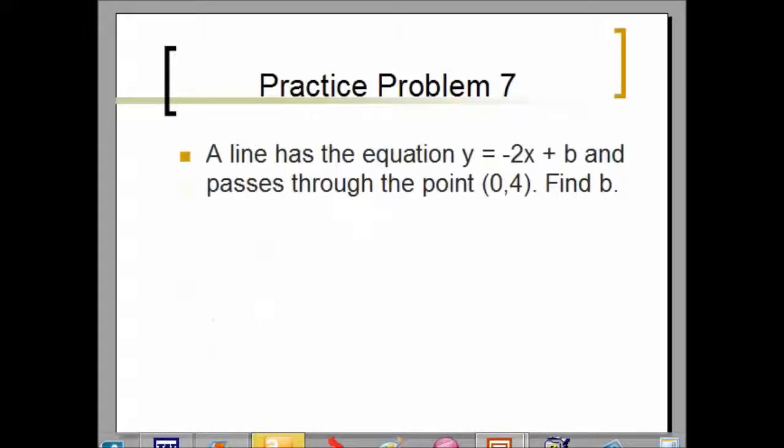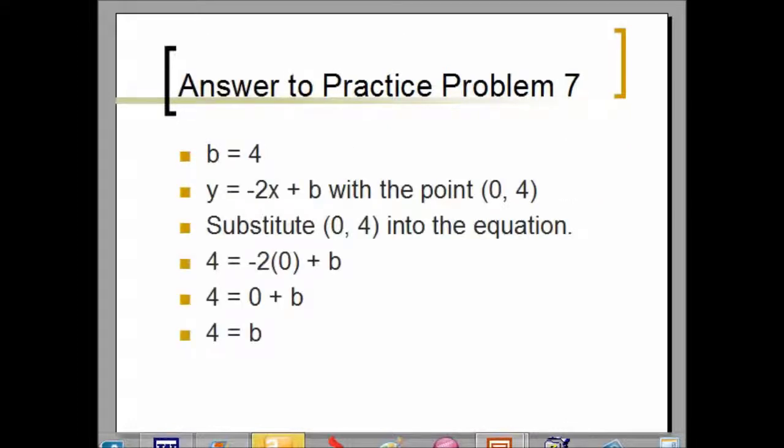Practice problem 7. A line has the equation y equals negative 2x plus b and passes through the point 0, 4. Find b. The answer to practice problem 7 is that b equals 4. We substitute into y equals negative 2x plus b using the point 0, 4.